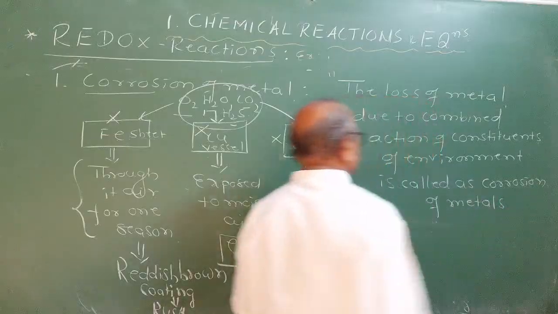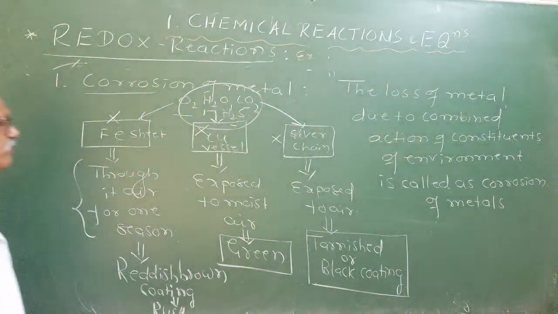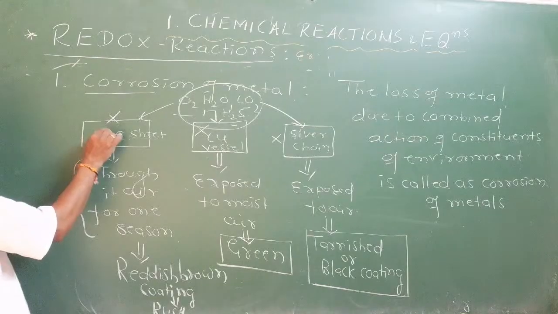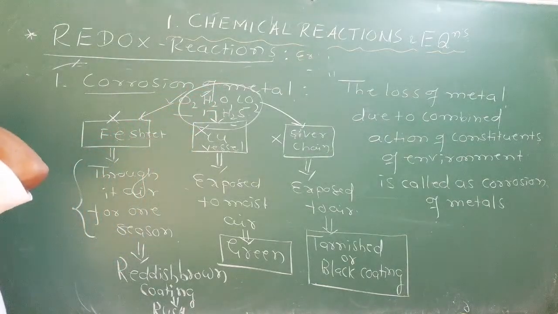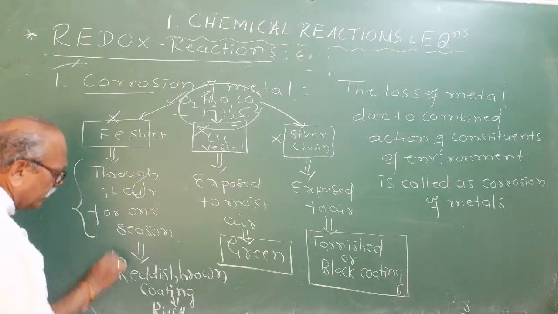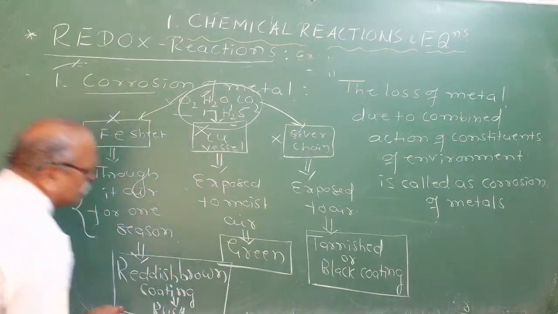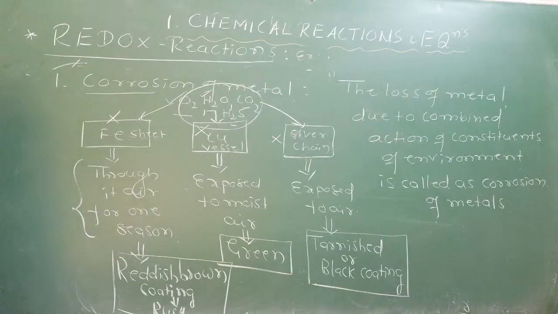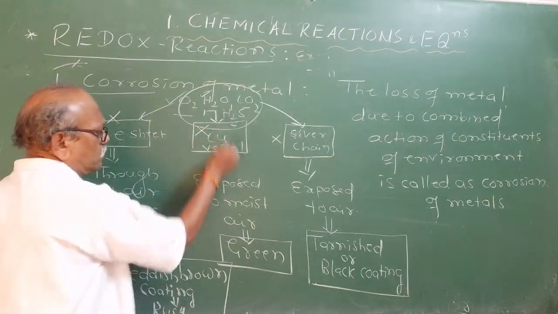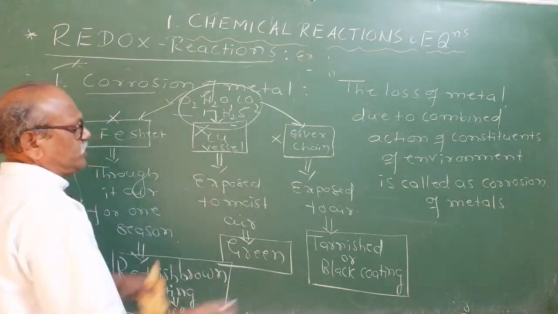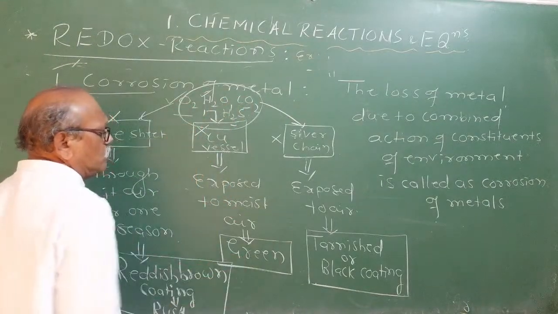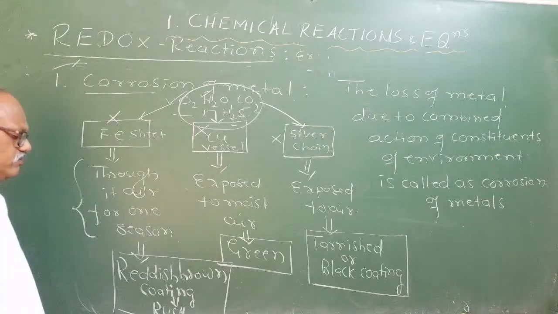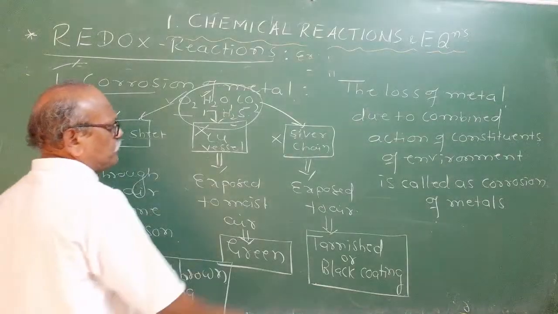We'll write reactions for them. Iron will react with oxygen and water present in the air and is converted into reddish brown colored rust. As a result, iron will be lost. Copper on exposure to moist air will react with carbon dioxide, oxygen and water and turn into a green colored substance.